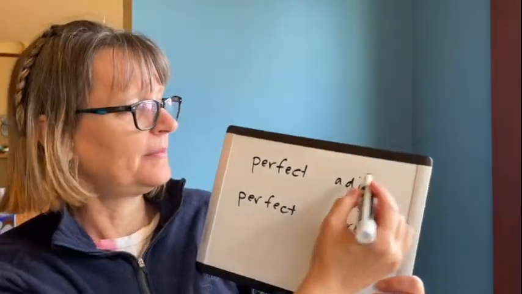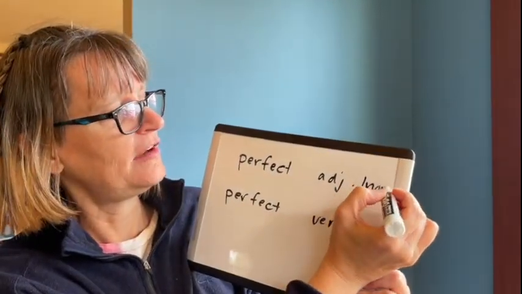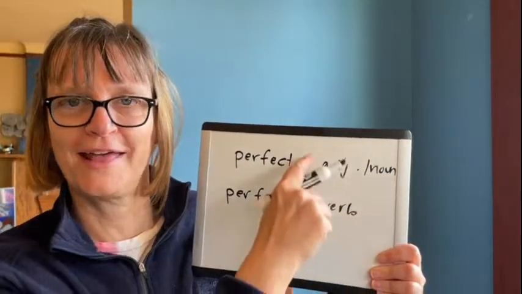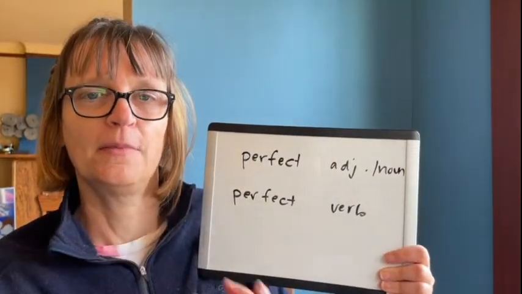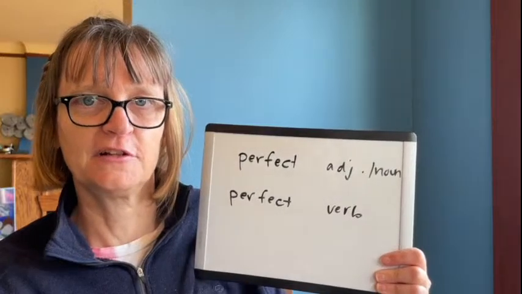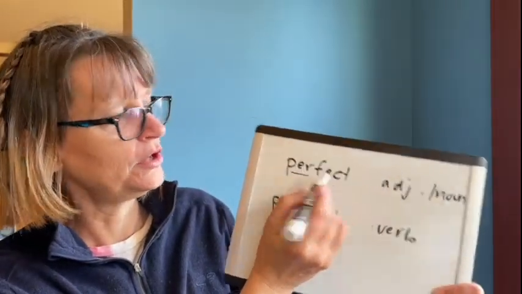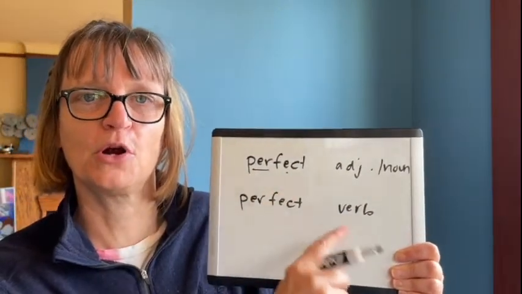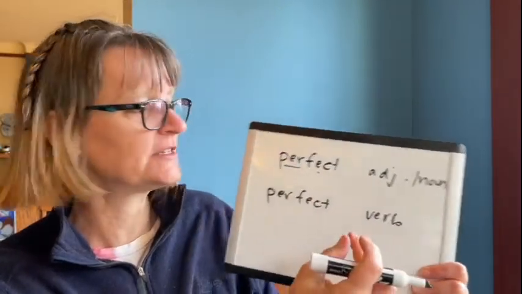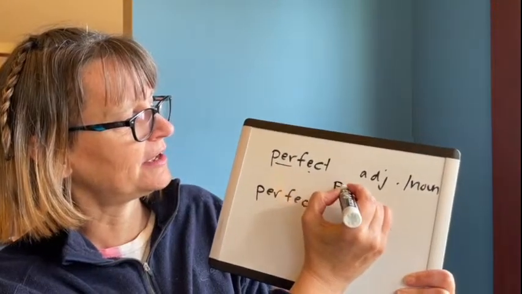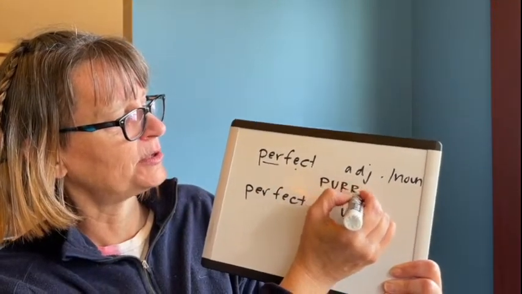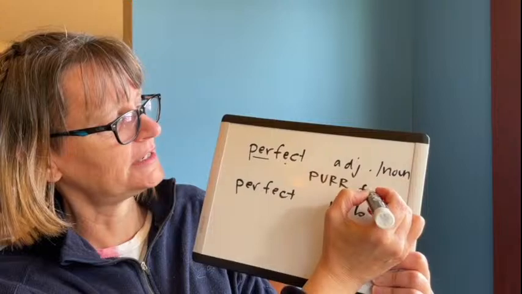So generally, when we have words that can be a noun or a verb or an adjective or a verb, the pattern is that we have first syllable stress when it's a noun or an adjective. So a perfect day is stressed on per. That's going to be long, and fect is going to be short. Sounds like a cat's purring. A perfect.